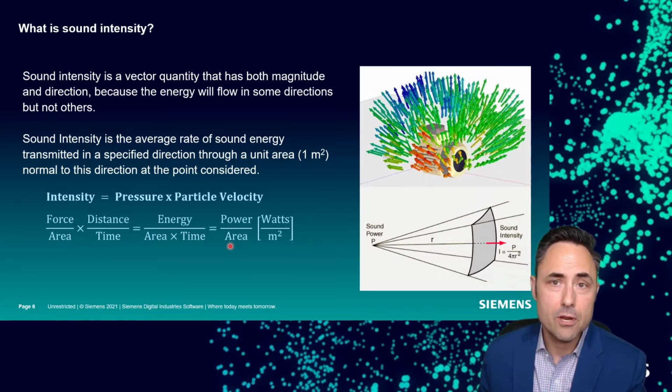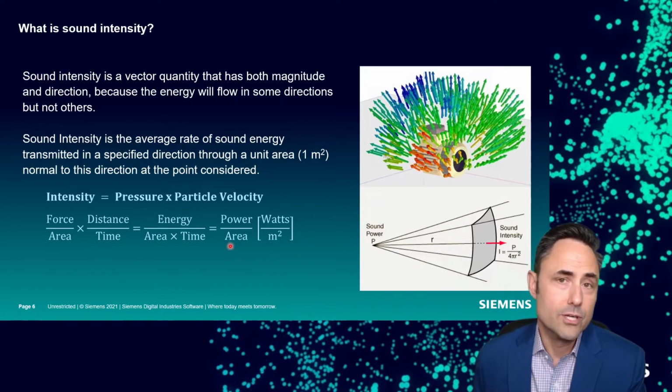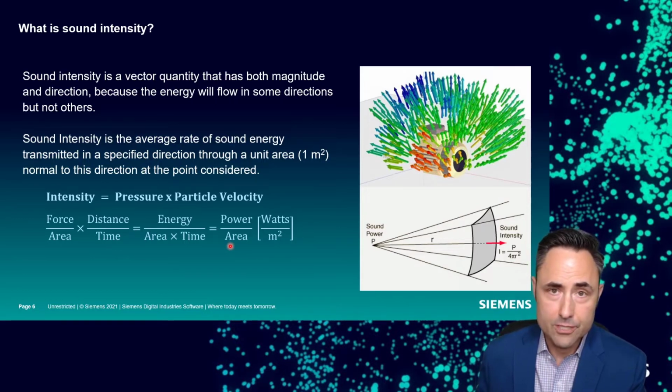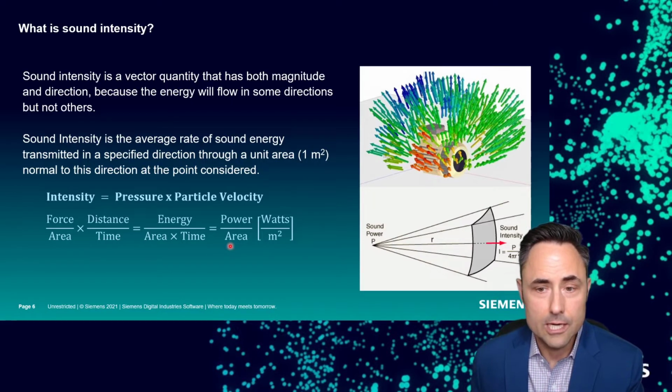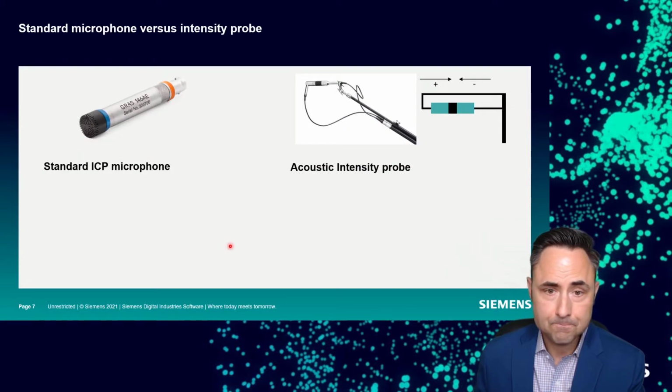But if we map it all out, you can see how we get back to that original sound power value, as well as some of that additional insight that we were talking about, okay? And certainly we have to be careful about how far away we are from the object when we're making these measurements, as intensity will be directly influenced by that distance from the source. So it's just something we need to keep track of, okay?